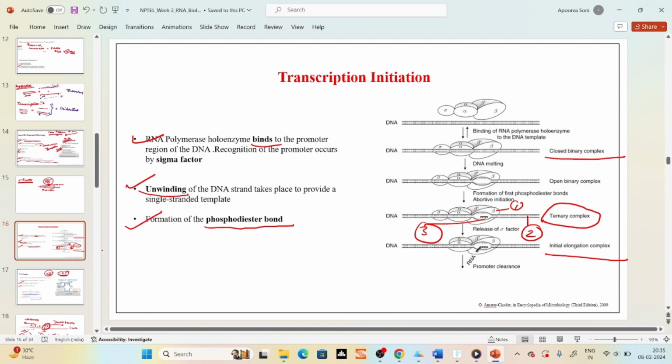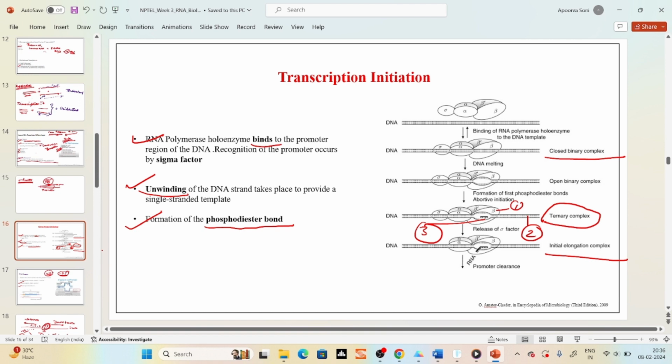First is the binding of the RNA polymerase, which occurs with the help of the sigma factor. Then the local unwinding of the double stranded helix takes place. This local unwinding creates an open binary complex.